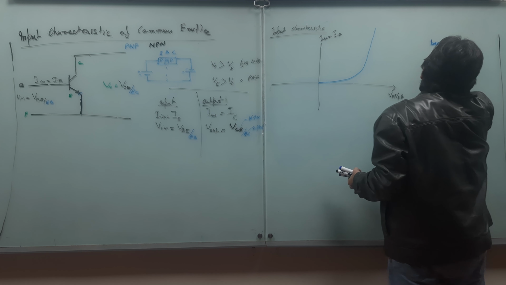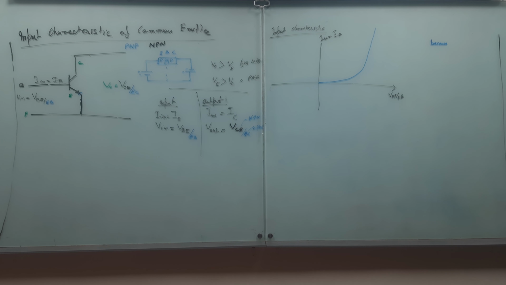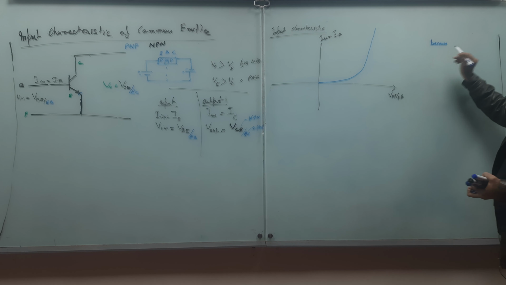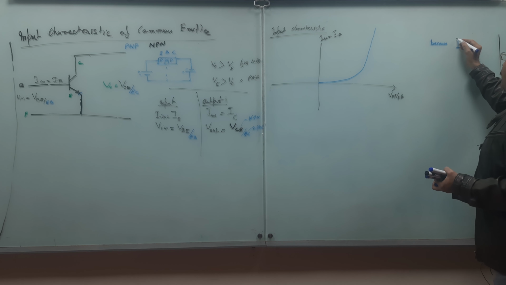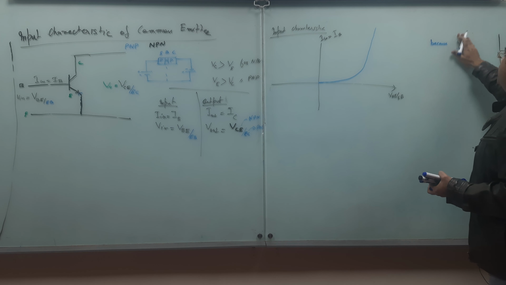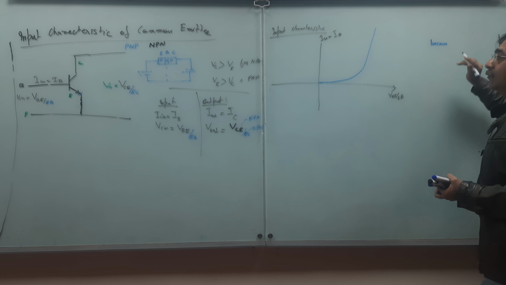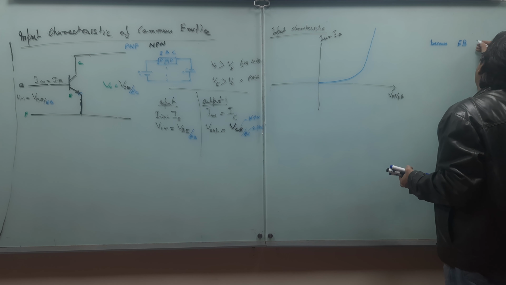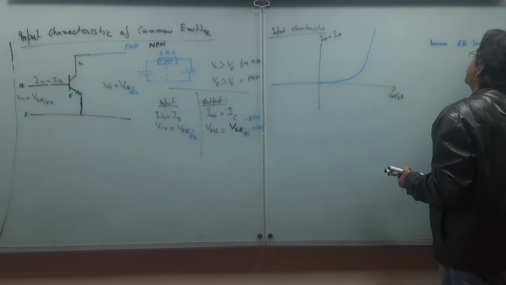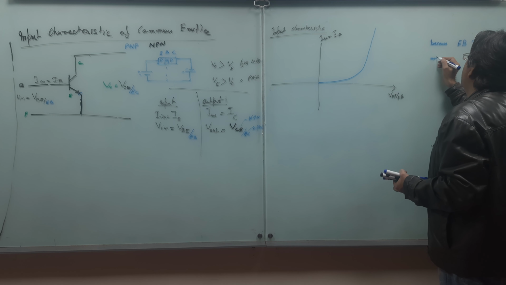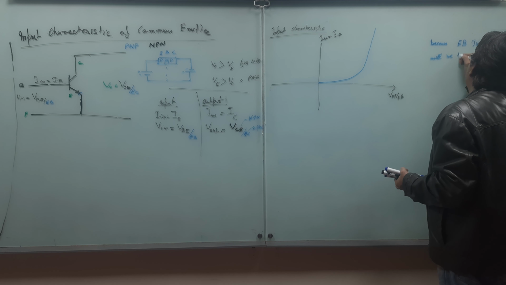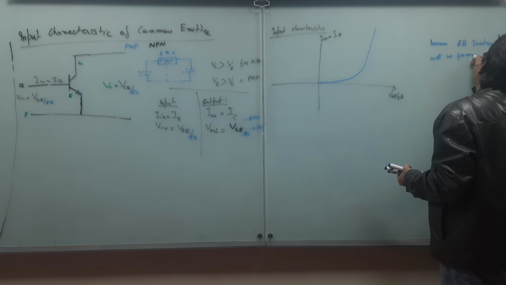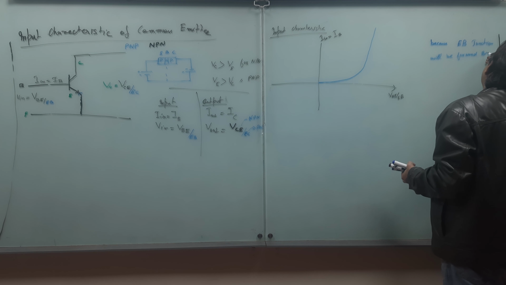One minute, because I will explain it later. Okay. Because the EB junction will be forward biased.